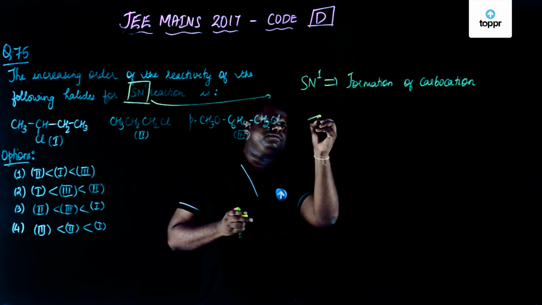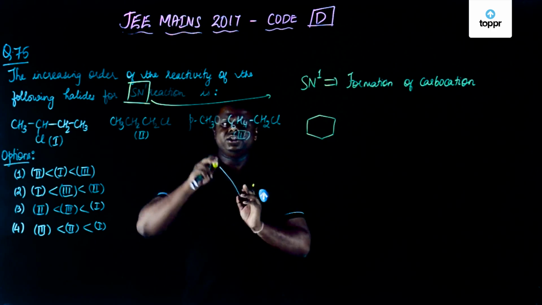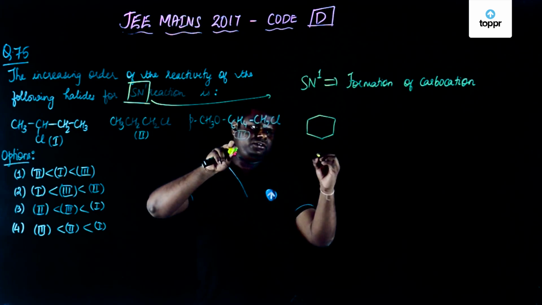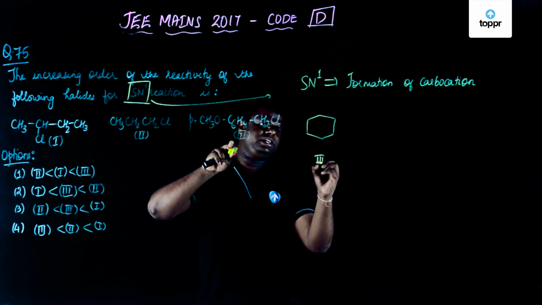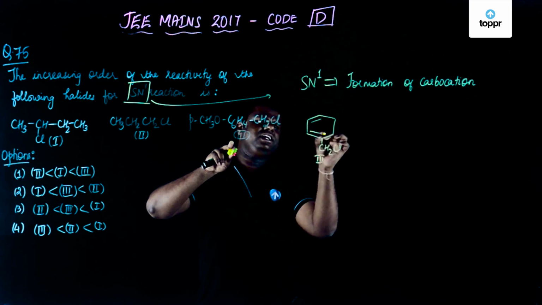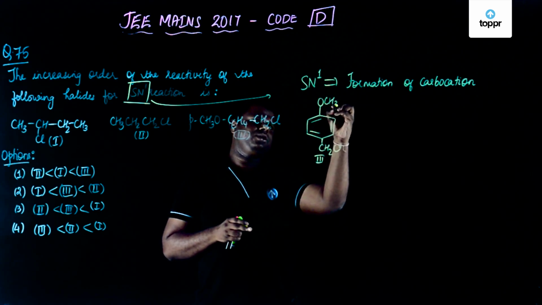Now let's try to write down the different carbocations and check the stability. I'm just going to write it in a reverse manner. So let's start with reactant number 3. This is CH2Cl with a benzene ring, C6H4, para substituted, and then you have OCH3 over here.